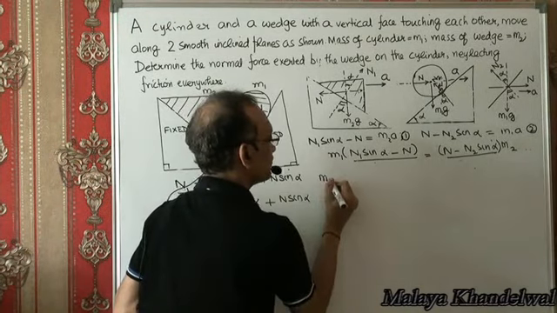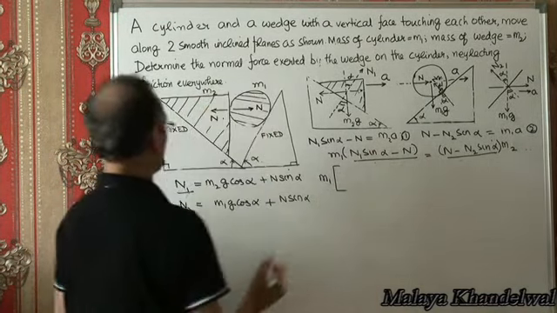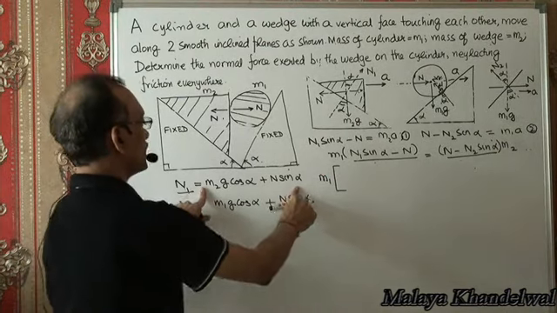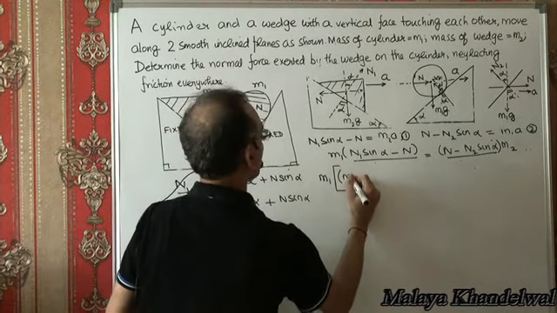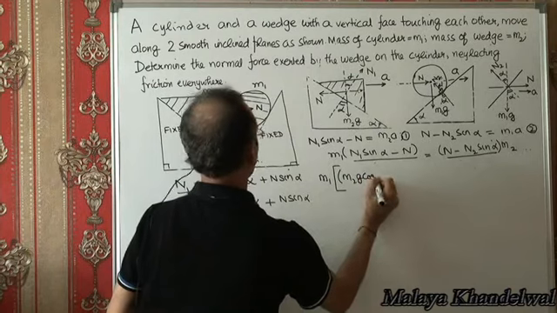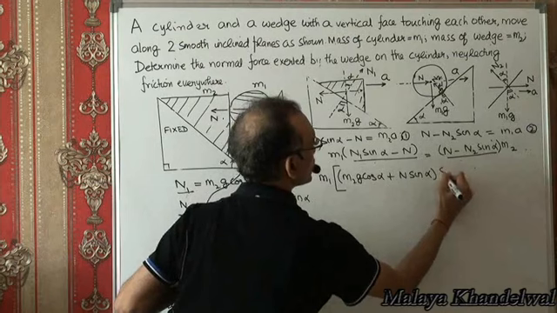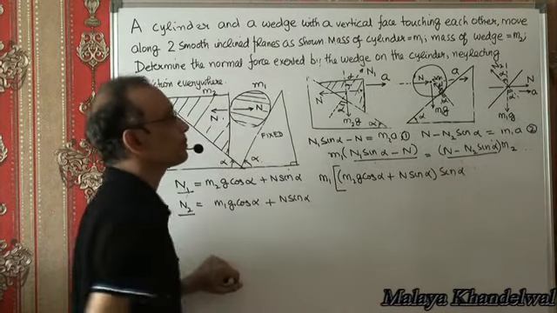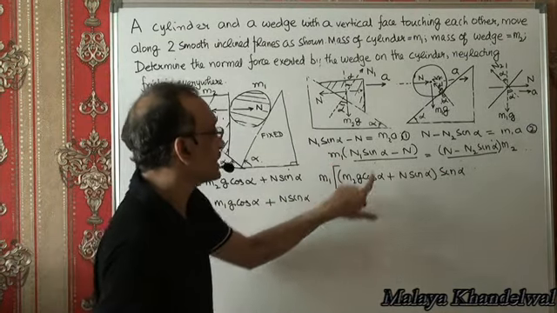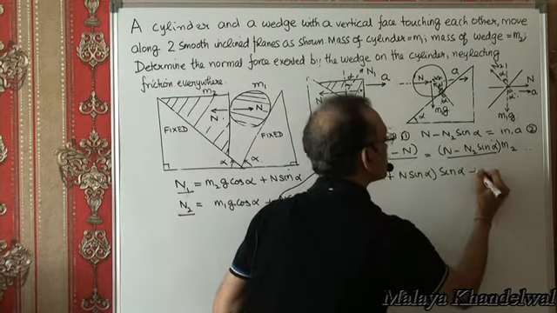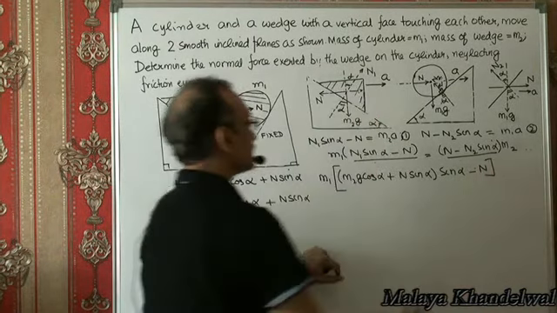So then I have m1 into n1 sin alpha. N1 sin alpha means this into sin alpha, which is m2g cos alpha plus n sin alpha into sin alpha, right? n1 sin alpha is this minus n, right?